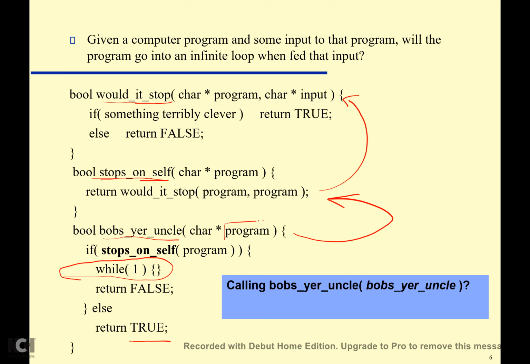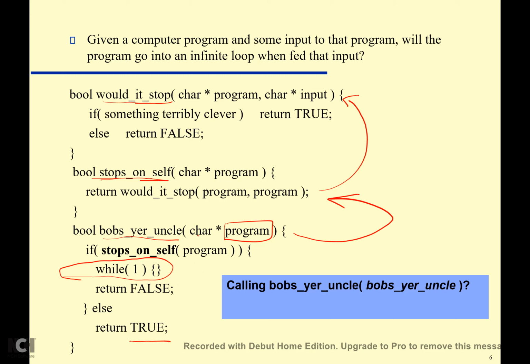If it is given the input of this code itself, this method goes into an infinite loop. It is because stops on self returns true, which means this method would stop and return true. But this means that this method would stop when fed itself as input. This contradicts the assumption that it goes into an infinite loop.